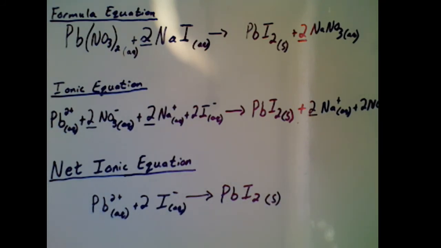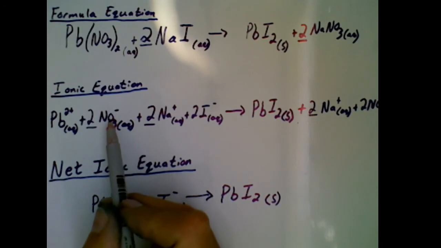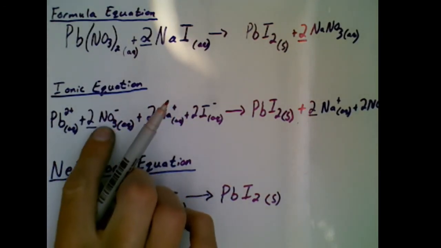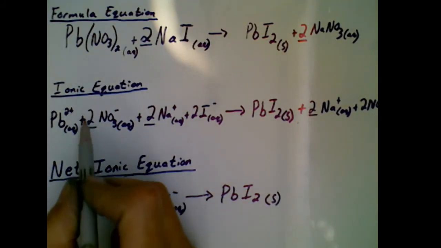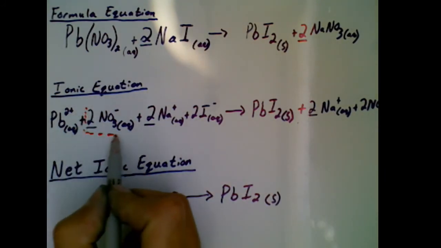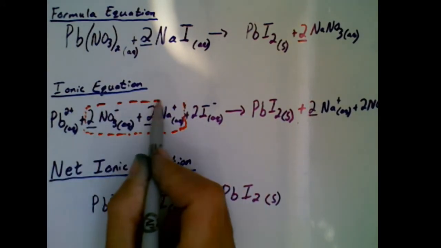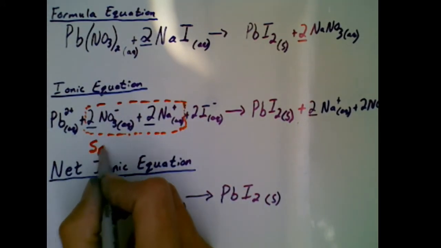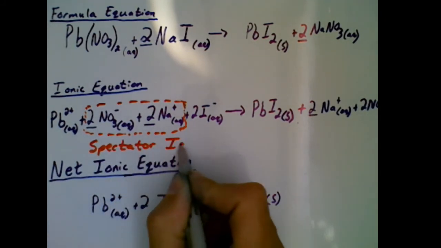It does mean something else here, and that has to do with these substances in this ionic equation. If you notice, the NO3 and the Na didn't really change over the course of this reaction. These have a special name, and we would call these spectator ions.